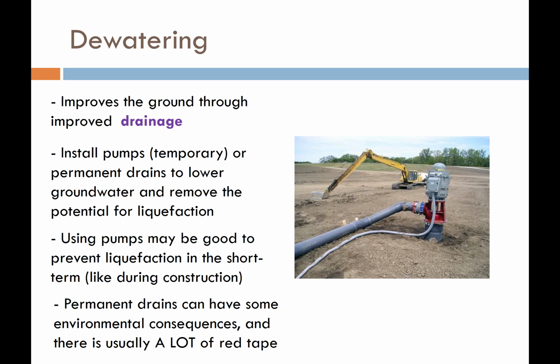Generally, when I've seen this, it's been for temporary applications. Rarely have I seen a permanent dewatering solution with pumps. Usually, if it's a permanent solution, we're going to install some permanent drains. The drains are going to be just draining water out of the region and sending the water somewhere else. So we're not mechanically pumping water out, we're just allowing gravity to drain the water out of the site.